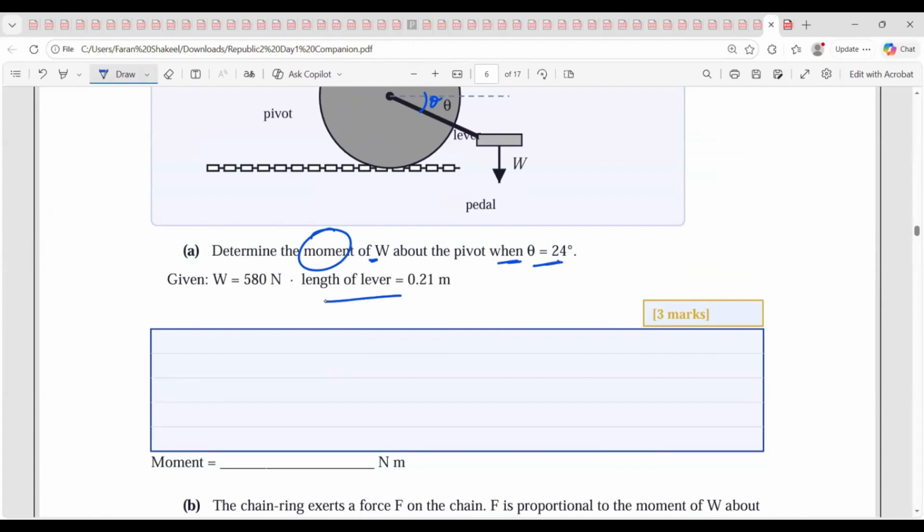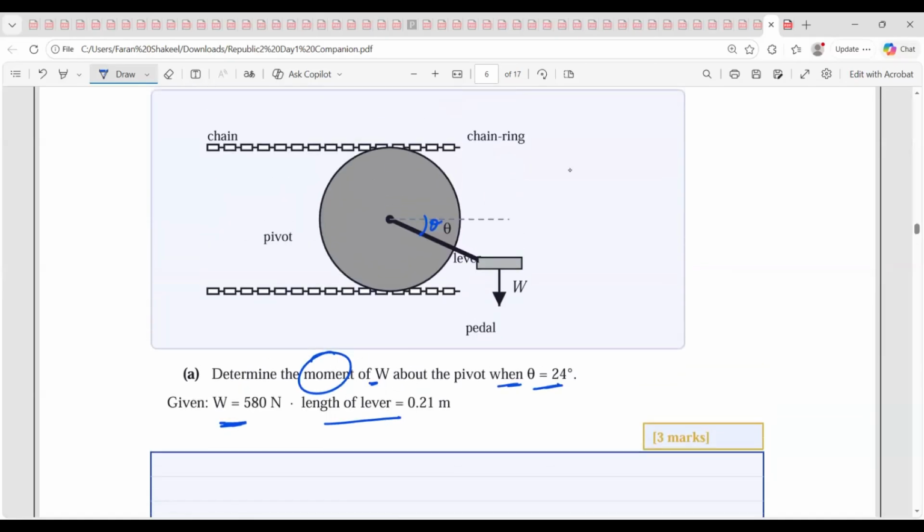We've got the length of the lever. We've got the weight W to be 580 newtons. So how would you get the moment of W about the pivot when theta is equal to 24? Hurry up, we need to cover a lot of things. Should we use cos or would we still have to use sine?